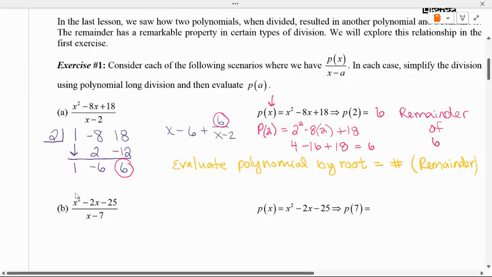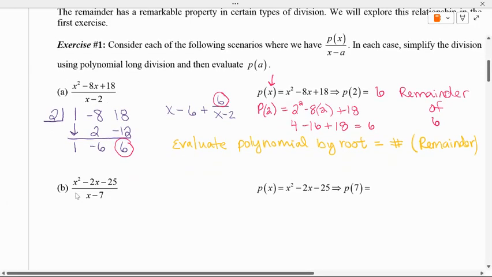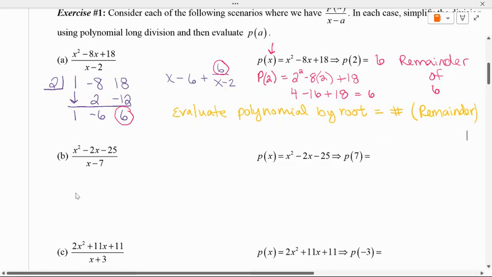So the cool thing about the remainder theorem is that if I want to know if 7 is a root of x squared minus 2x minus 25, I can just evaluate it, right? If I want to know where it crosses the x-axis, I can plug in 7 and see if it works. We're going to use synthetic division first to prove it. So my root, if my factor is x minus 7, my root is 7.